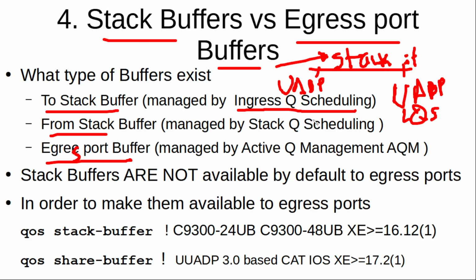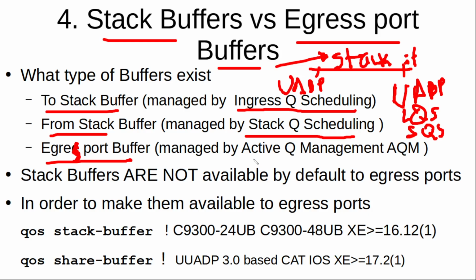For packets that are ready to start leaving your switch, they will have to go through the stack queuing scheduling process, or SQS. SQS also is going to use buffers from the stack interface buffer set, and then your ports will use the egress port buffers.